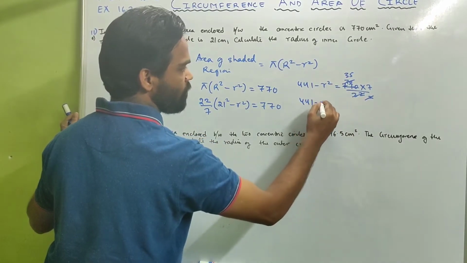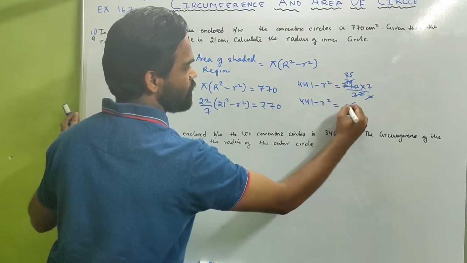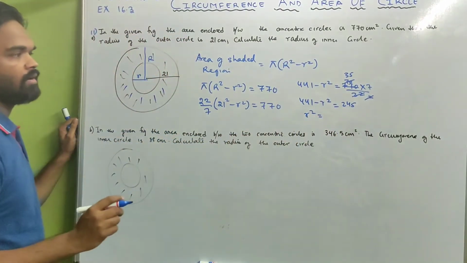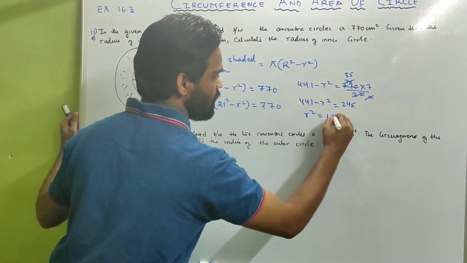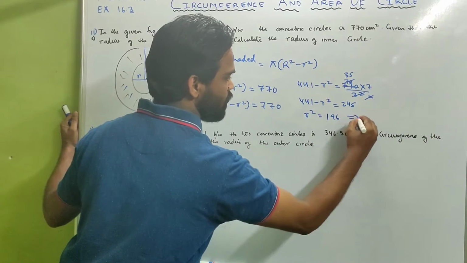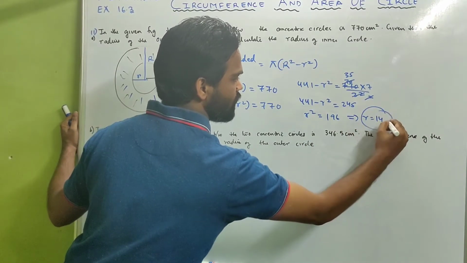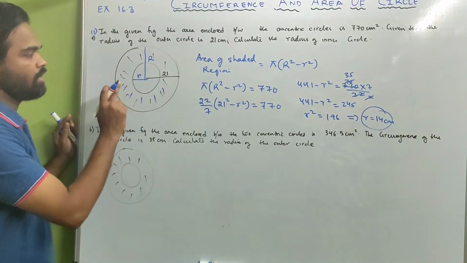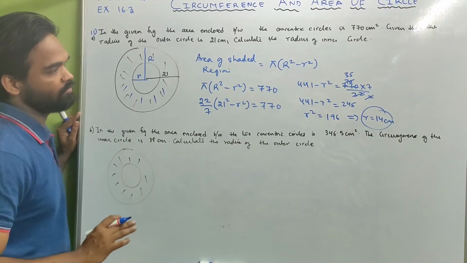So 441 minus r square equals 245, which means r square equals 441 minus 245, that's 196, which means r will be plus minus 14, so we'll take 14 because radius cannot be negative. So the radius of the inner circle is 14 centimeter.